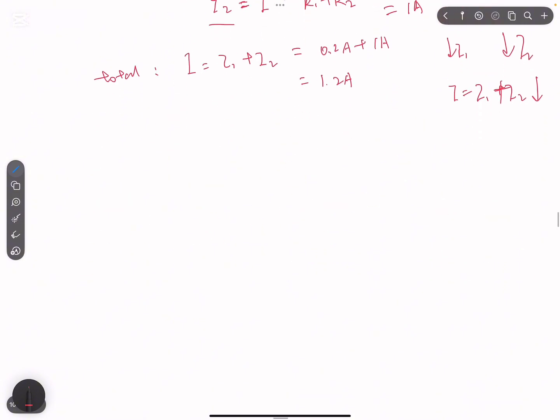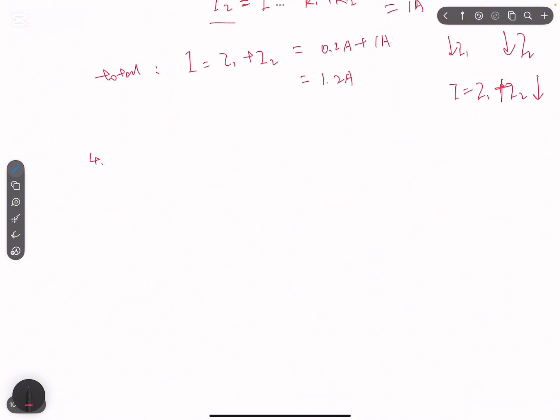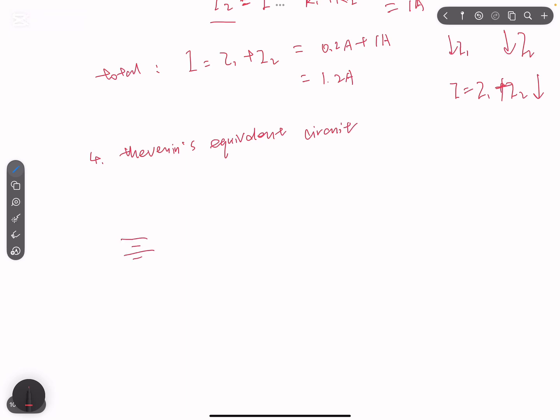Now let's look at our last example for the Thevenin equivalent circuit. So let's say we have a circuit like this, with one resistor here. This is our load, and then we have another resistor here.